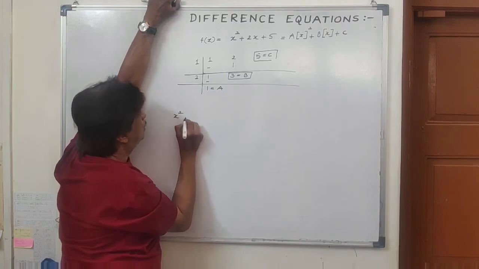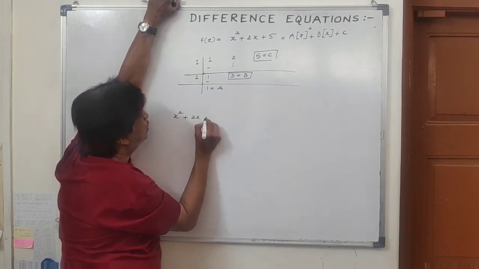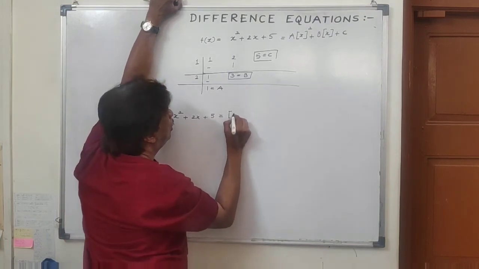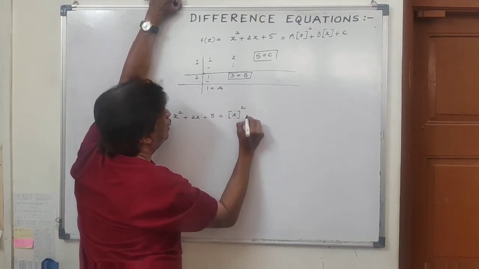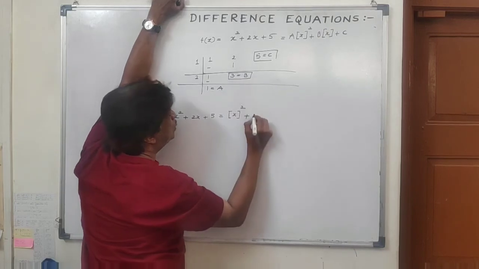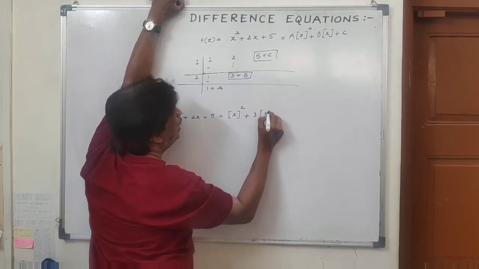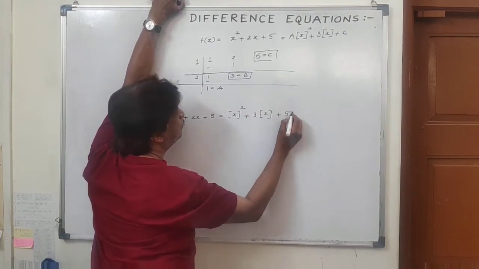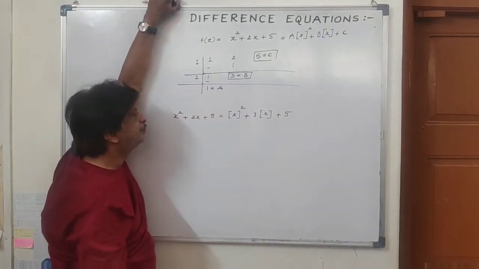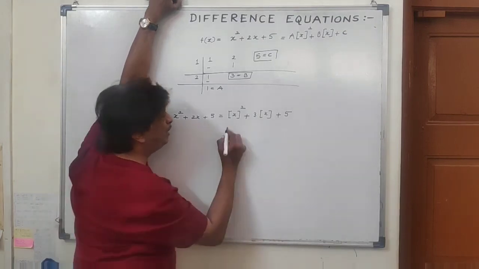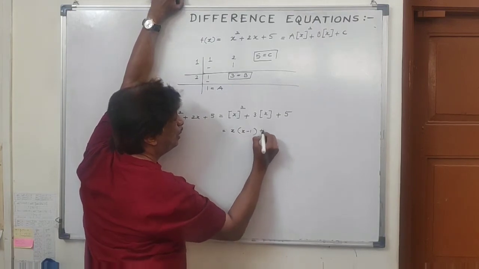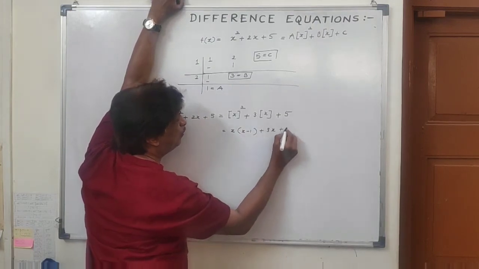x square plus 2x plus 5 is equal to factorial x square plus 3 times factorial x plus 5. If we simplify this, it is x into x minus 1 plus 3 into x plus 5.